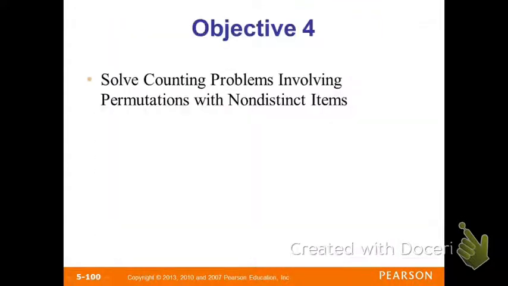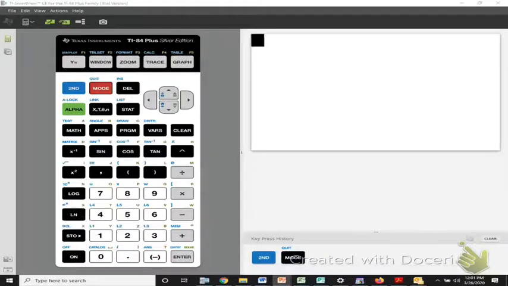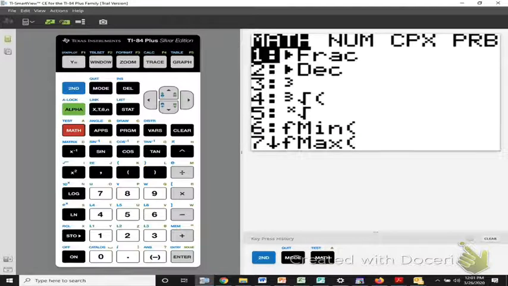Now, I think that now is probably a good time to talk about the calculator. So let me swap over here and show you where you can find these operations on your calculator. So if you would get your calculators out. And again, I apologize. I know some of you may have different calculator editions than this one, so this could be a little bit complicated for you, but you can do this.